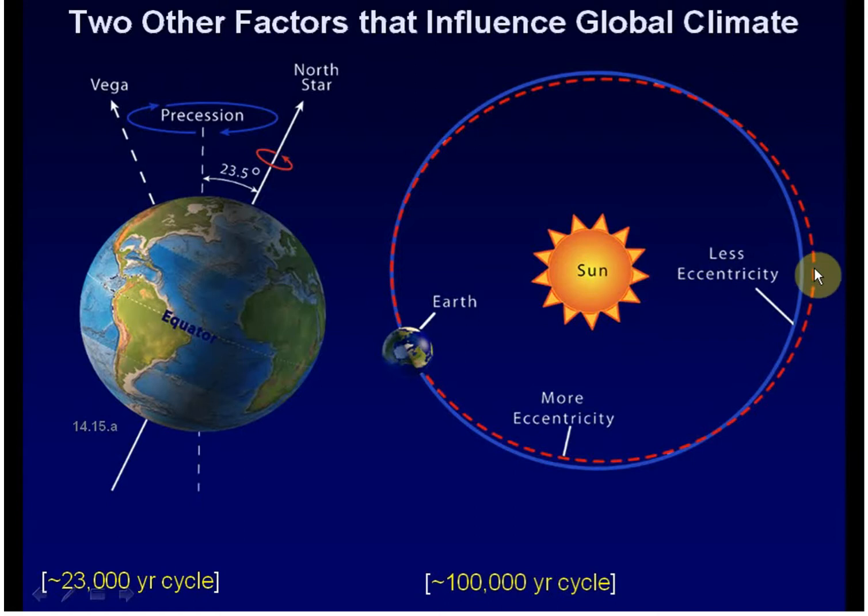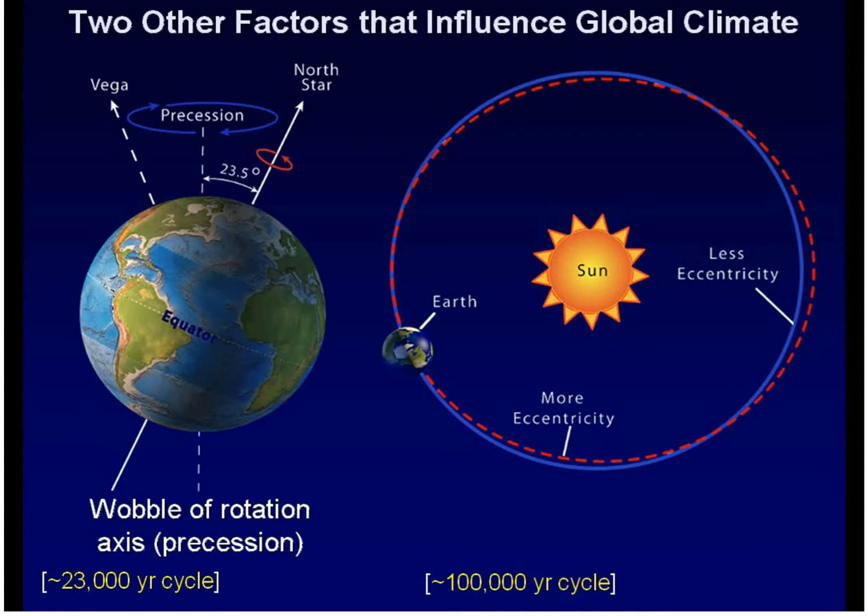This again affects the amount of solar heating, and this cycle is eccentricity. So we've got the wobble of the rotation axis, or precession, on a 23,000 year cycle, and the shape of the orbit, or eccentricity, on a 100,000 year cycle.